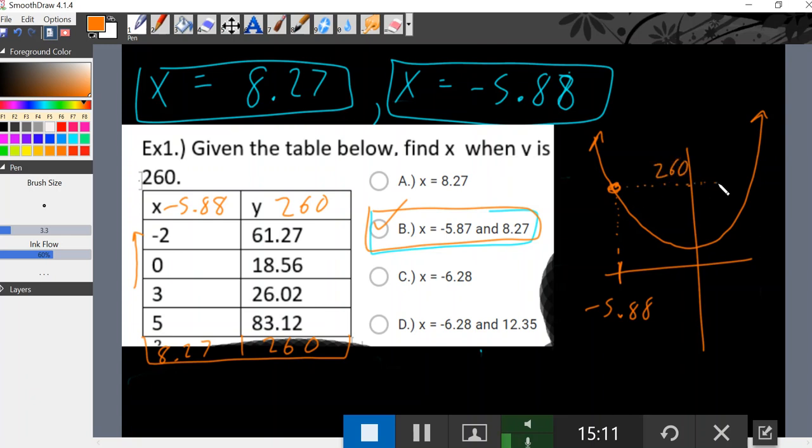If we continue on over here, it's at a height of 260 when the other x value is going to be this 8.27. All right, and so that's really what's going on. And so we just took in this data and we have modeled a quadratic regression. All right, good luck.